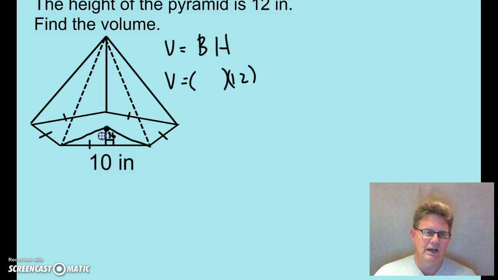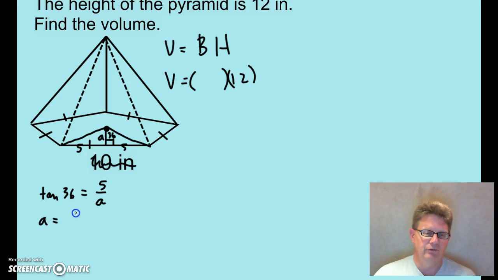When we draw that apothem, we bisect the base, so each part is 5. So looking at the 36-degree angle, 5 is opposite, and a is adjacent. That would be tangent. So the tangent of that 36-degree angle equals 5 over a, opposite over adjacent.